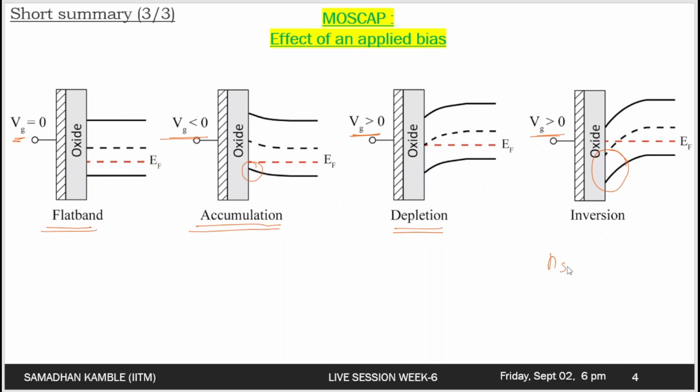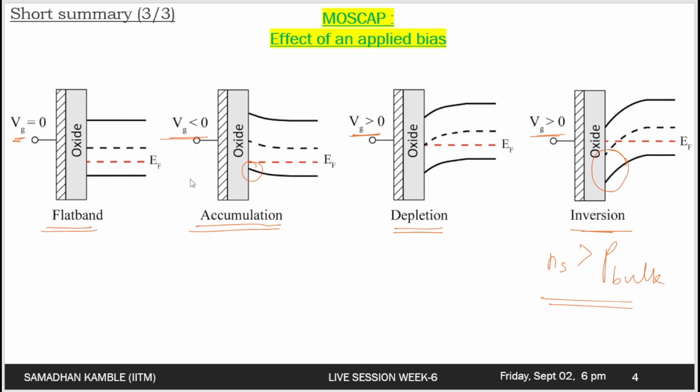So Ns becomes more than P bulk, and the surface region appears to change in character from p-type to n-type. Initially it was a p-type semiconductor, but because of this increase in concentration, it has now changed from p-type to n-type. This situation, where the minority carrier concentration at the surface exceeds the bulk majority carrier concentration, is referred to as inversion.